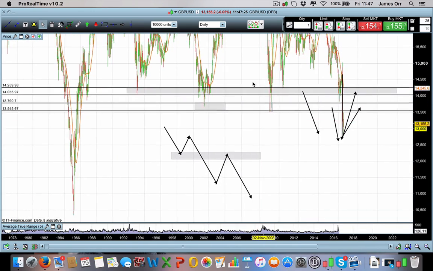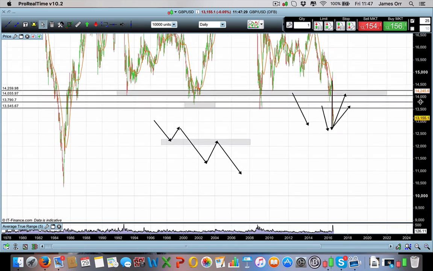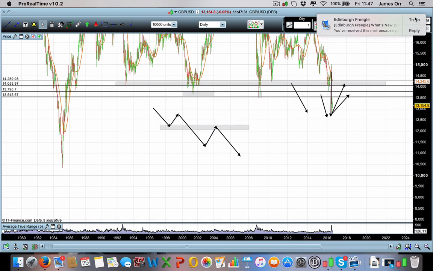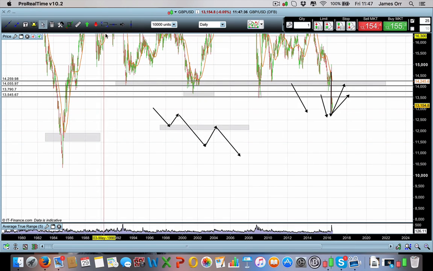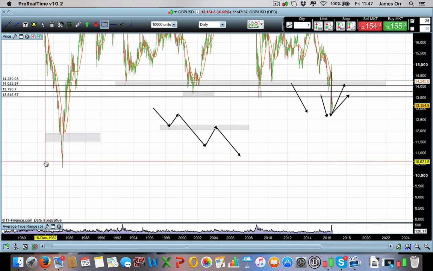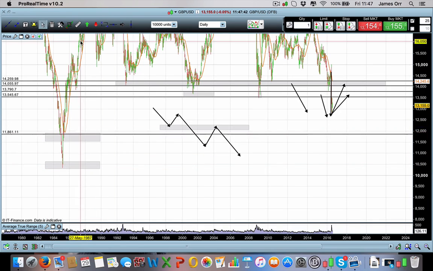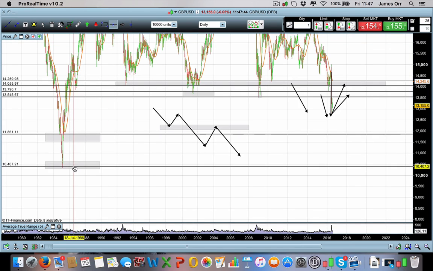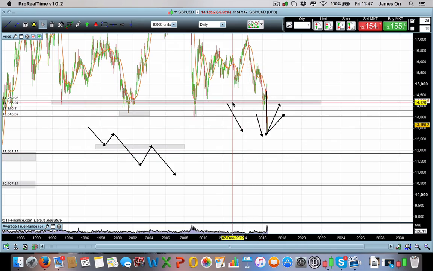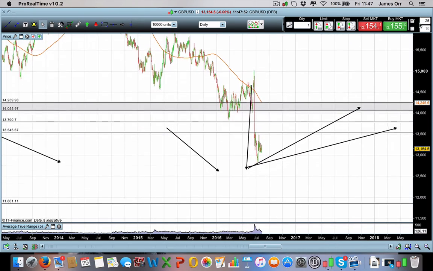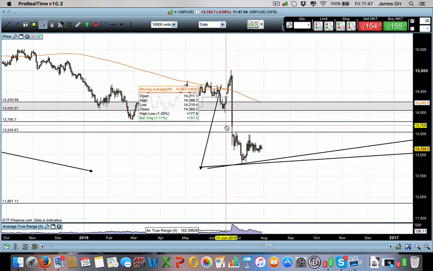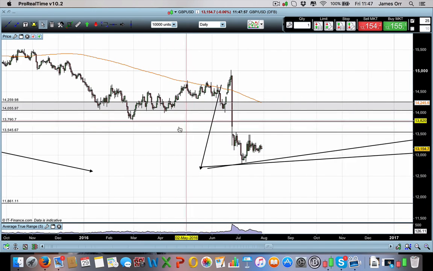To go long in this market, really, I would not be interested in going long until we got sort of down to these levels all the way down here. There's definitely more downside in this market. For me, with current price action, I'd be looking to get short. And those are the reasons why.